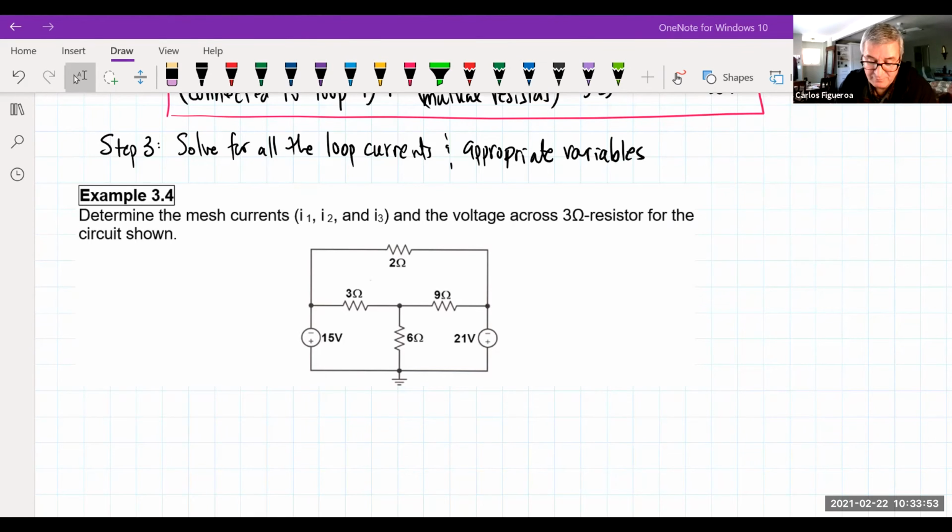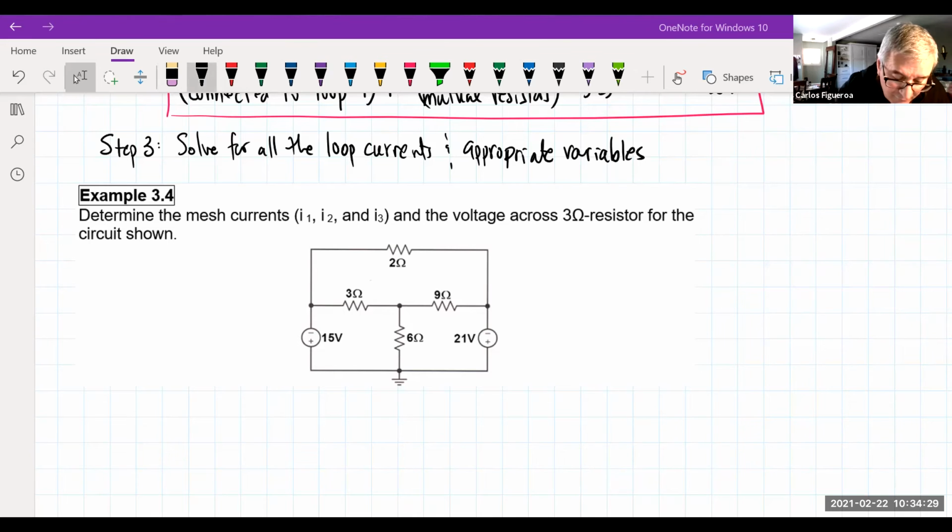When I look at just the surface of this thing, there are 3 possible loops, and 3 of them are the ones that make the most sense. Could I pick other ones other than the obvious ones? Yes, but you'll see it makes your algebra, when you go to the problem solving, more challenging. So what we want to do here is define 3 mesh currents or 3 loop currents.